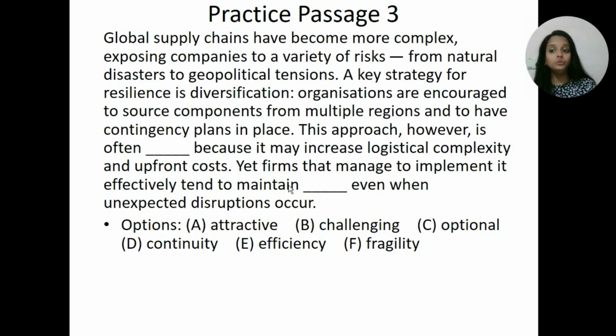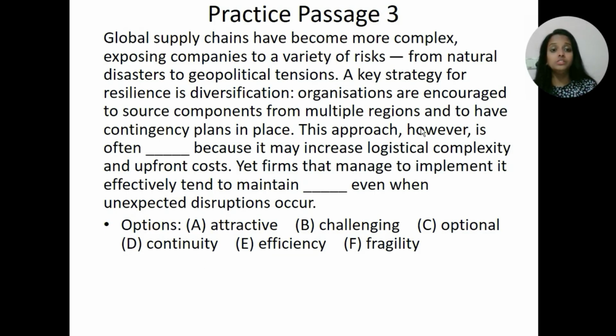This approach, however, is often dashed because it may increase logistical complexity and upfront cost. Yet firms that manage to implement it effectively tend to maintain dash even when unexpected disruptions occur. And the options given here are attractive, challenging, optional, continuity, efficiency, fragility.